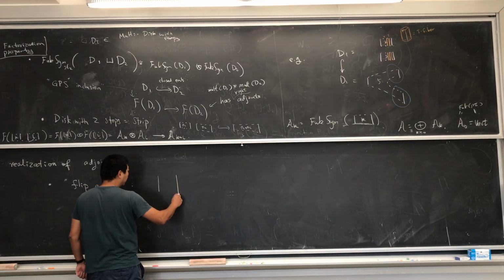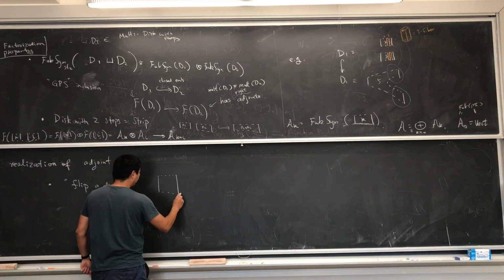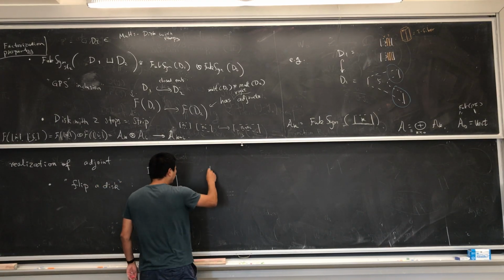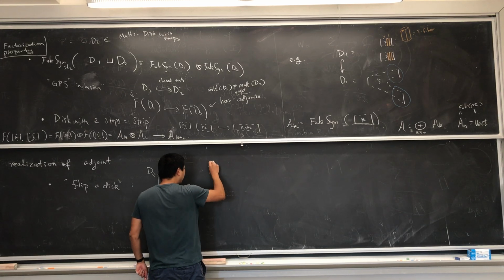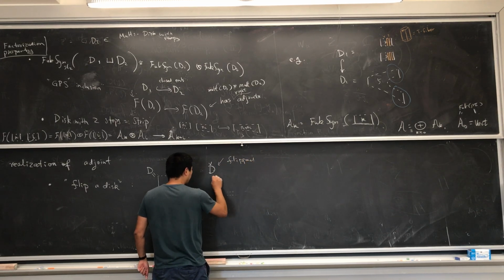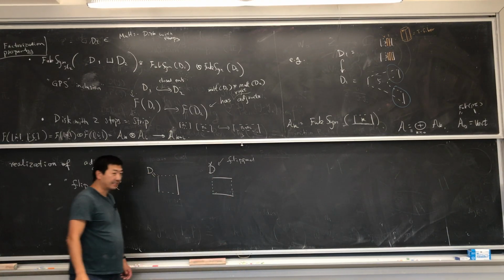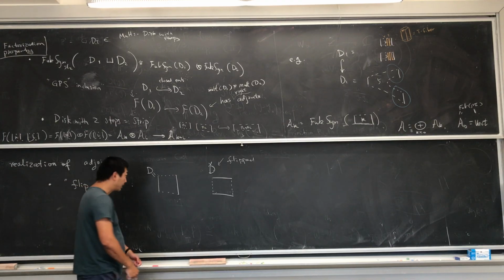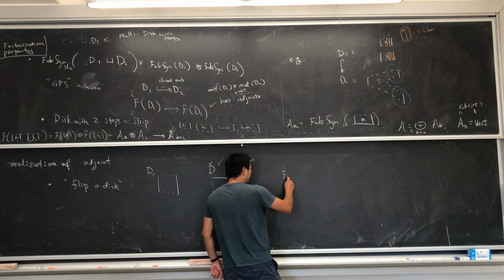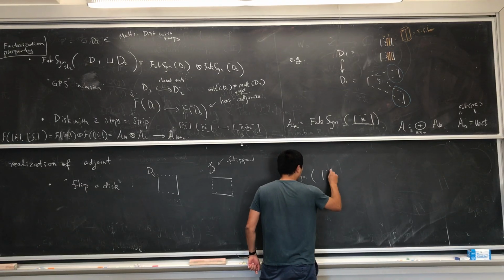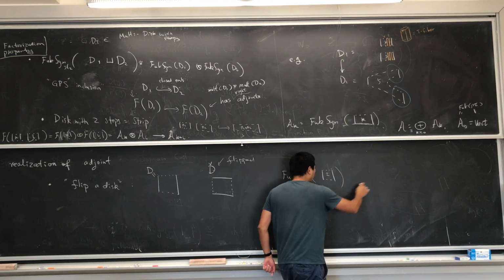So if D is this, forgetting about the multiplicity, then D flip is going to be like this. So you can talk about the Fukaya category.